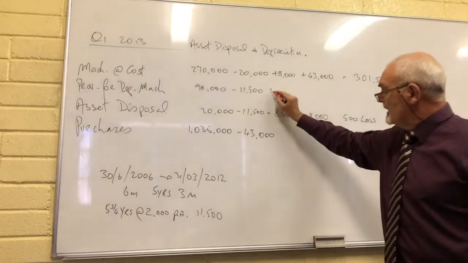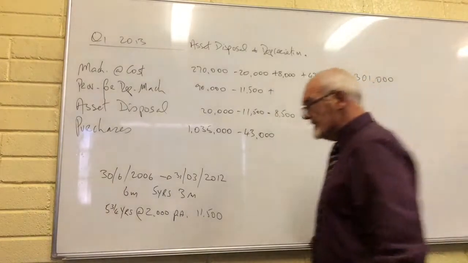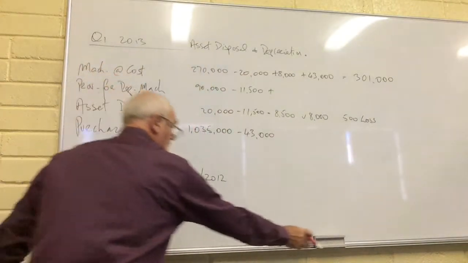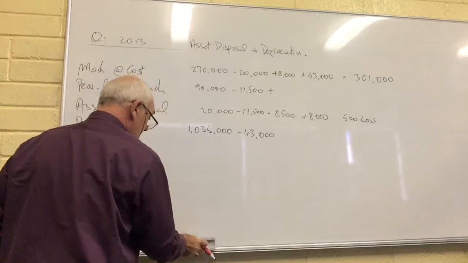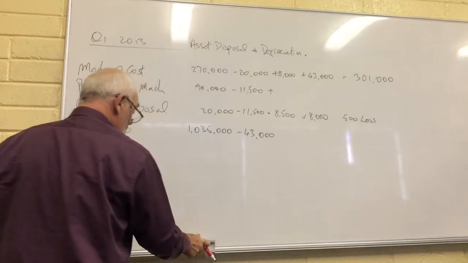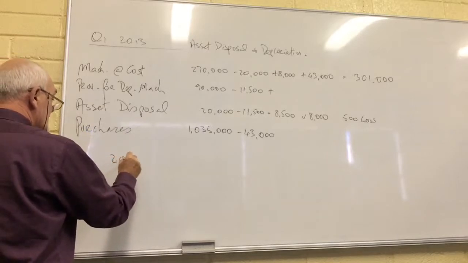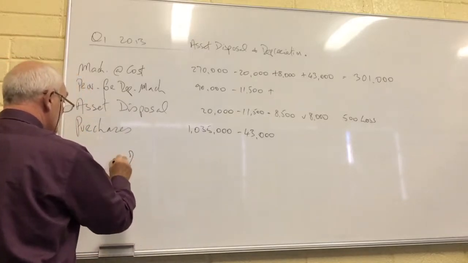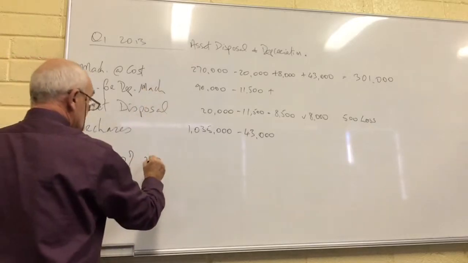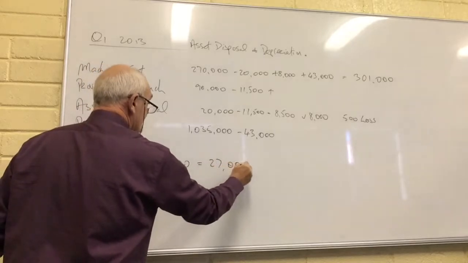And now we've got to calculate the depreciation for the year. And the question tells us again that it's 10% of cost. So what I find easy is to ignore the new and the disposal for a moment and say, well, our depreciation for the year is 10%. So 10% of the original cost, which is 270,000, will give us 27,000.